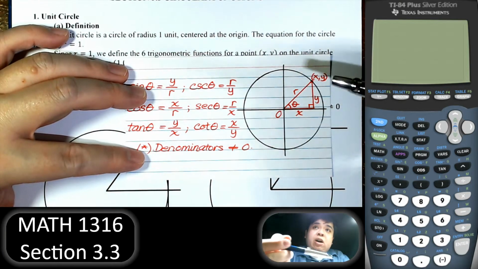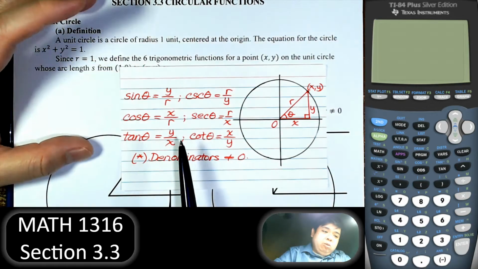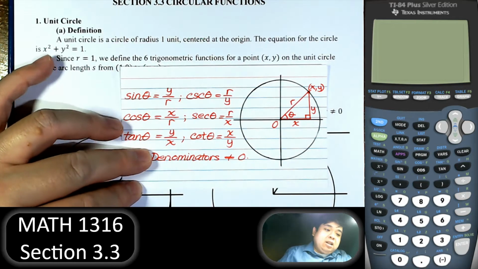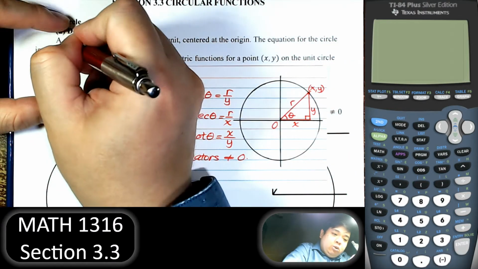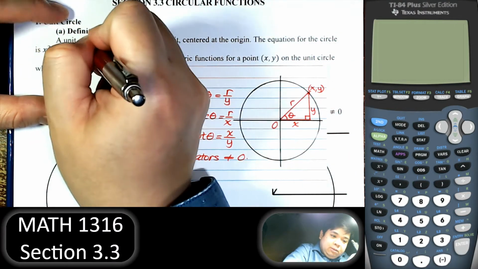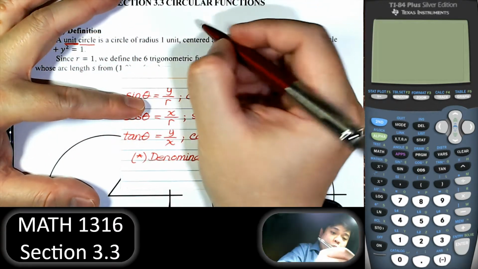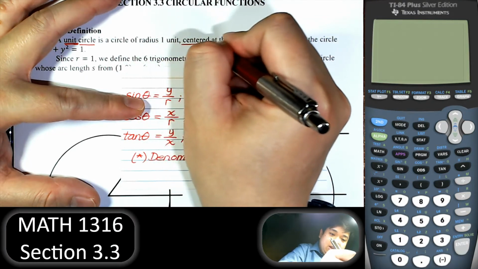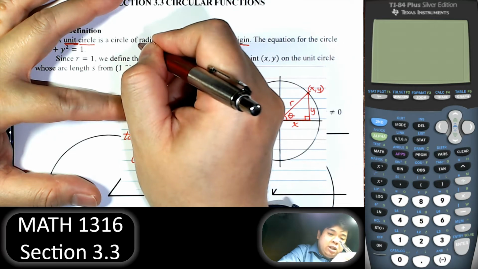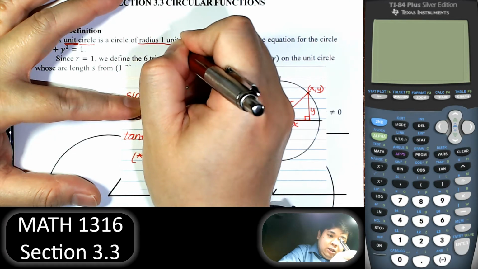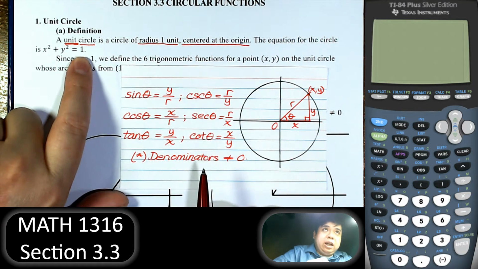Now if we restrict x squared plus y squared equal to 1, we focus on a unit circle, meaning the unit circle centered at the origin. Of course, the radius is equal to 1. So in this case, x squared plus y squared equals 1.